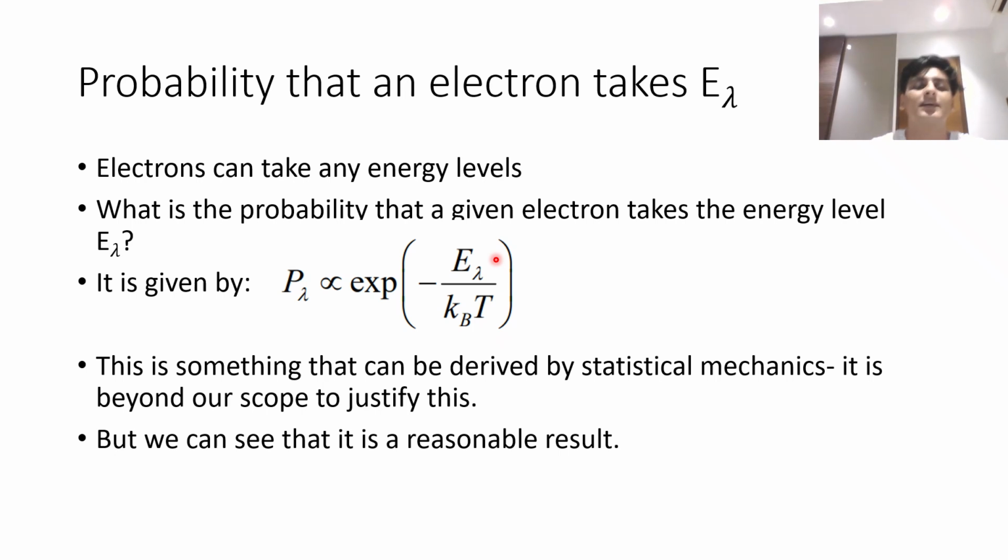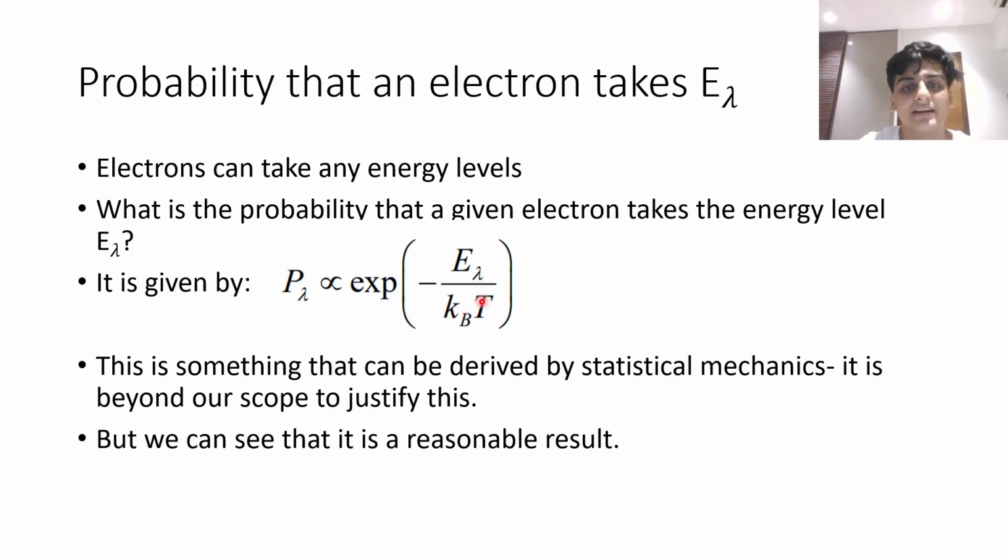It's not the probability that the energy level itself is occupied. So the higher the energy, the less likelihood that the electron occupies it. And that is captured here: when you increase the value in the negative sign, you get closer and closer to zero, which means your probability reduces.